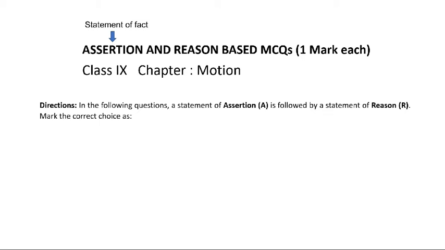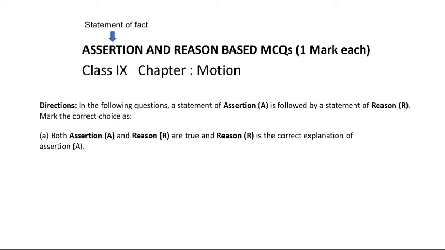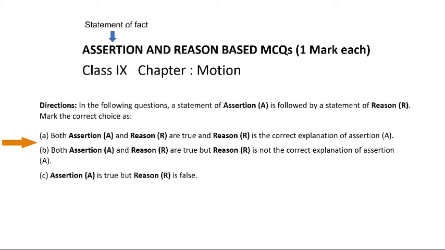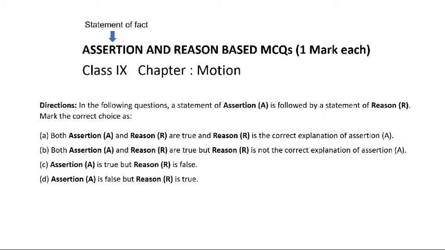And then after that there will be 4 choices given as usual. For any multiple choice question we take a choice of A, B, C, D. In the same way we have a choice, okay, and this choice will be the same for all the assertion and reason based MCQs.